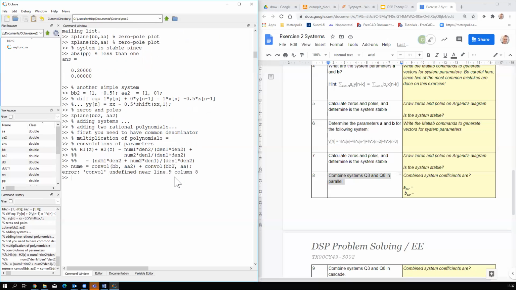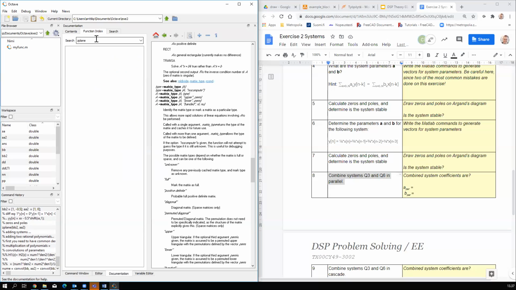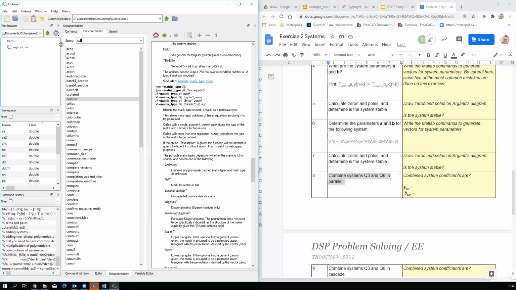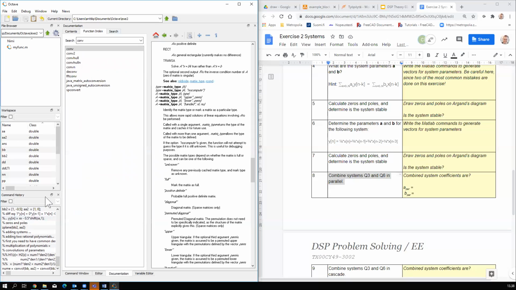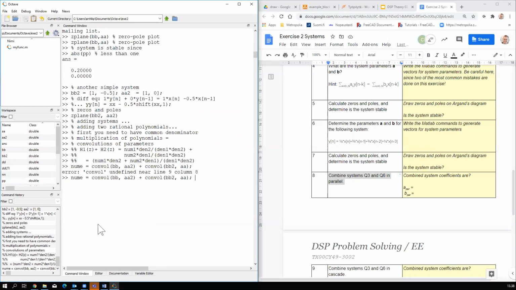There we go. Is it conv? Sorry about that, convolution. Yeah, sorry, it's not convol, it's conv.